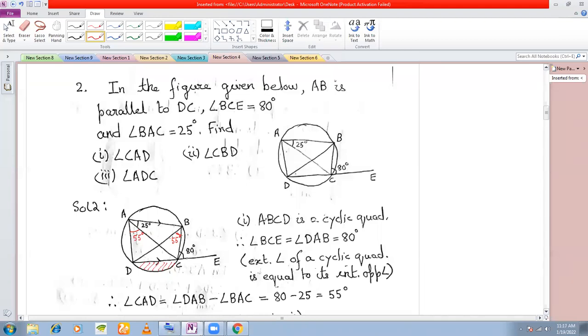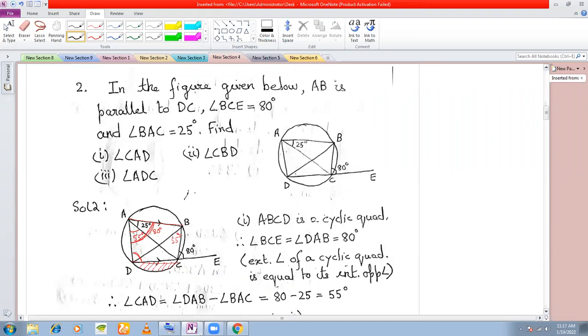Next, angle ADC. How will you find out angle ADC? This is also very easy, because this entire angle, as I told you in the beginning, is 80 degrees, right? And these two lines are parallel to each other. So this 80 degree angle and this angle must be co-interior angles, so that the sum will be equal to 180 degrees, right?